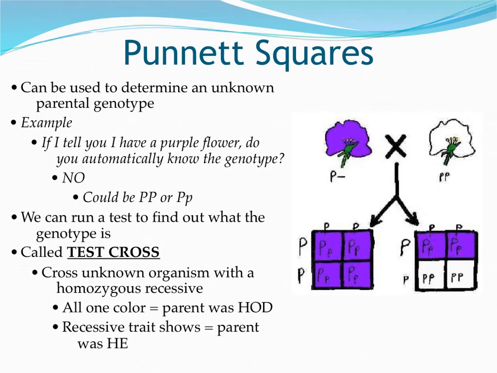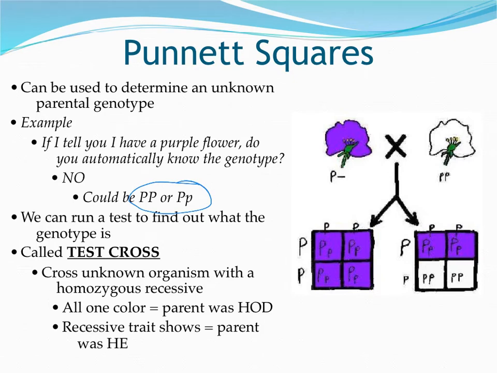If it's showing the dominant phenotype, it could be either, and in this case, for purple flowers, it could be homozygous dominant, big P, or a heterozygote, big P, little p, which would also show purple flowers. In order to do that, you run something called a test cross, where you cross the flower displaying the dominant phenotype with a homozygous recessive flower.